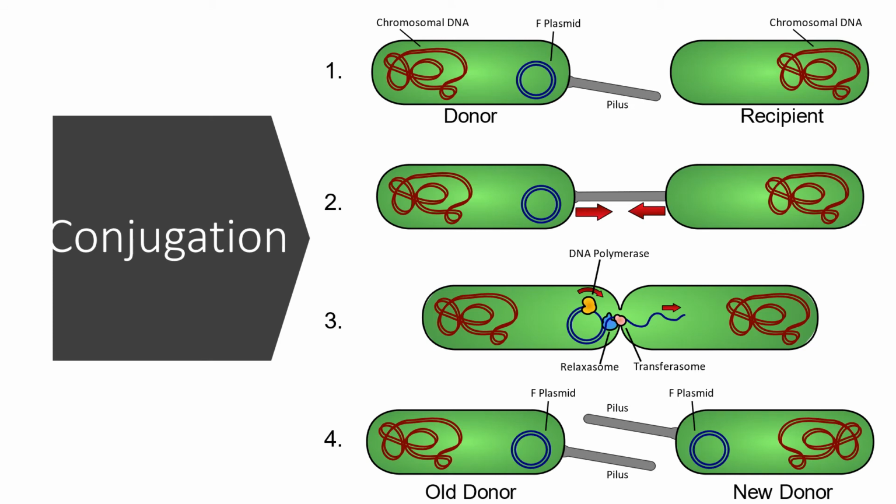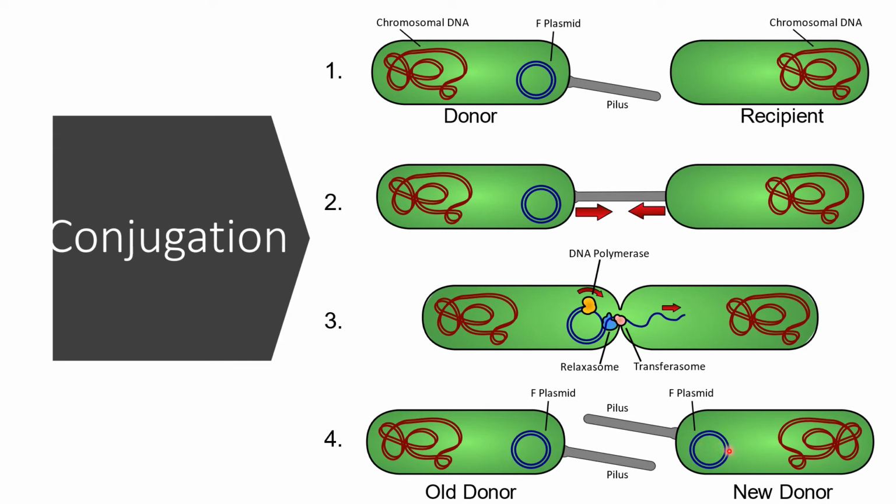This picture shows the process of conjugation in which this donor bacterium has this F plasmid that mediates the synthesis of various proteins forming this sex pilus, and with the help of this sex pilus that is attached to the recipient bacterium, this F plasmid mediates the synthesis of various proteins that are involved in this process of conjugation that transfer the pieces of bacterial DNA from the donor cell to the recipient cell.